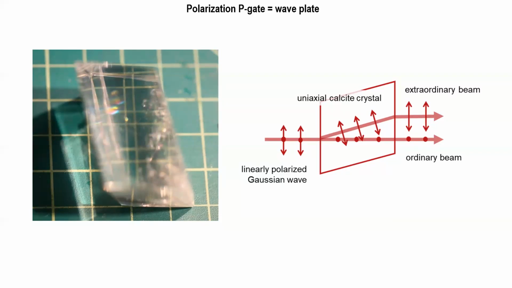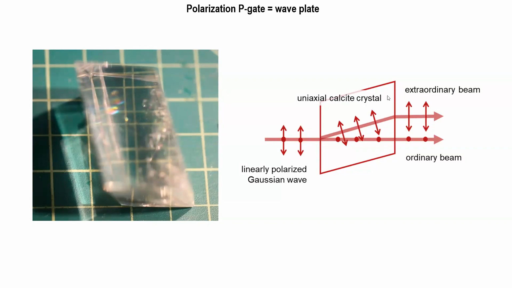For example, in this picture, the horizontal state of the polarization is called the ordinary beam. It propagates with one velocity, but the vertical polarization propagates with another velocity, and it's called the extraordinary beam.